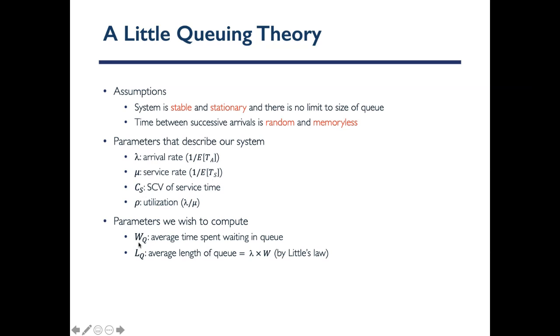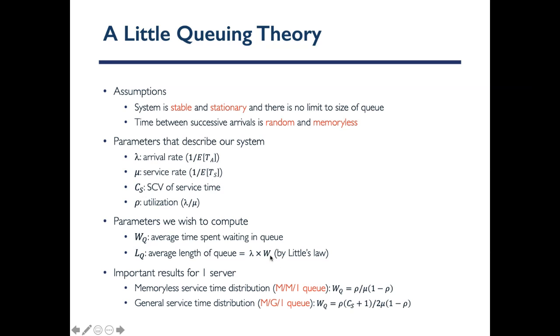As before, define WQ as the average time you spend in the queue, and LQ to be the average length of your queue, which is defined as lambda times WQ. Here, there should be a Q typo. Here is the meat of this slide. I'm presenting two important cases. The first one is what happens if you have memory-less service time as well.